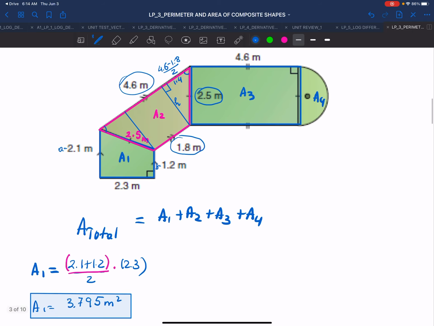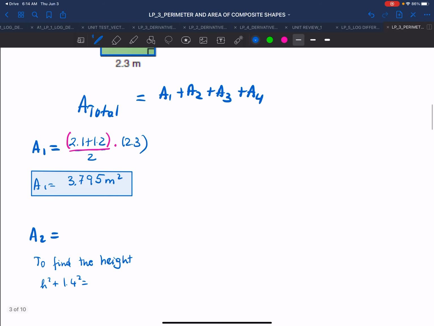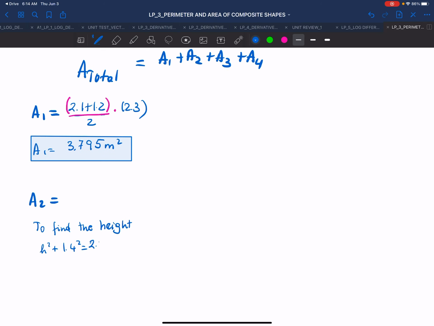So we're going to say that h squared plus 1.4 squared equals 2.5 squared. So 2.5 squared is 6.25, and 1.4 squared, I think, is 1.96.